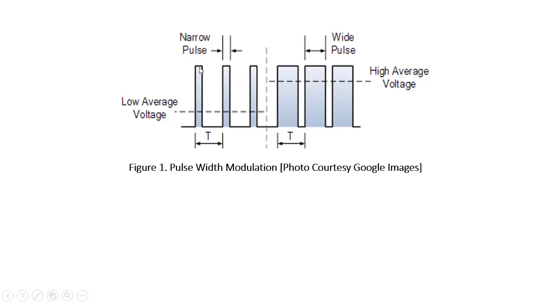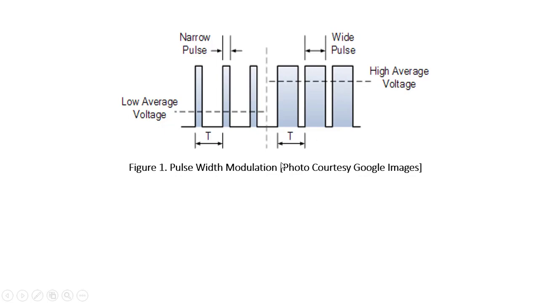The on time is less than this, so the average power delivered to the load is lower. Whereas in this portion, these are wider pulses as compared to these pulses, so the average voltage will be higher.